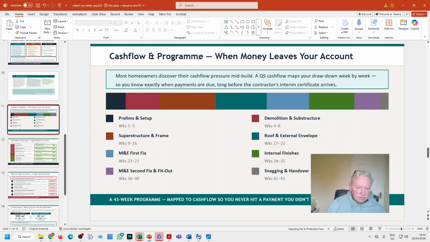Then we also have the cash flow program. You can see the distribution of the money, plus we also need to know the payment over time, and you can see the weeks analysis as well. Really important to get cash flow right. That's the role of the client. Clients do not realize how vital this is.